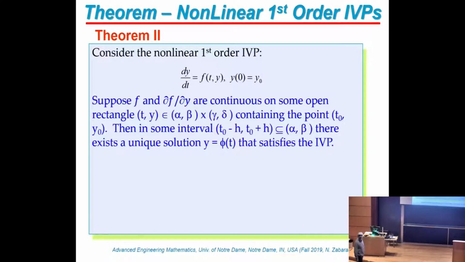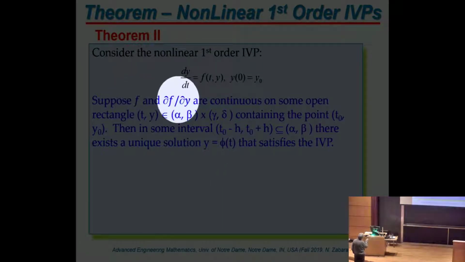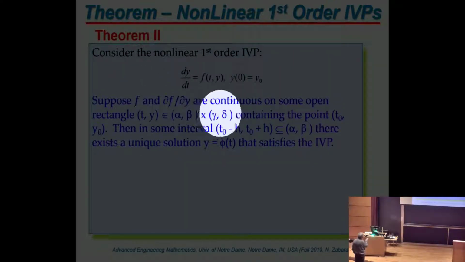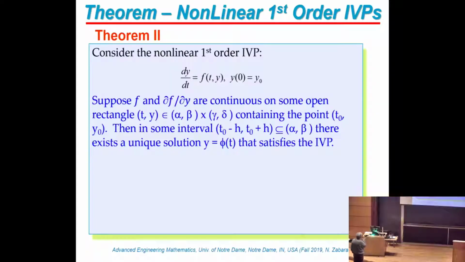Pay attention to the theorem. We suppose that f and the derivative of f with respect to y, remember f is the right-hand side, are continuous in some open interval of t and y. So before we were only talking about the continuity of f, now we added the requirement that the derivative of f with respect to y is also continuous.